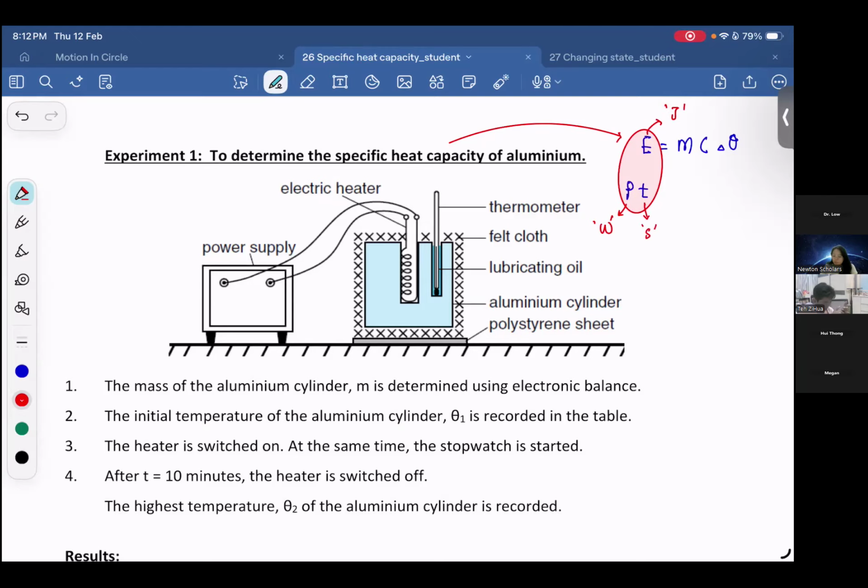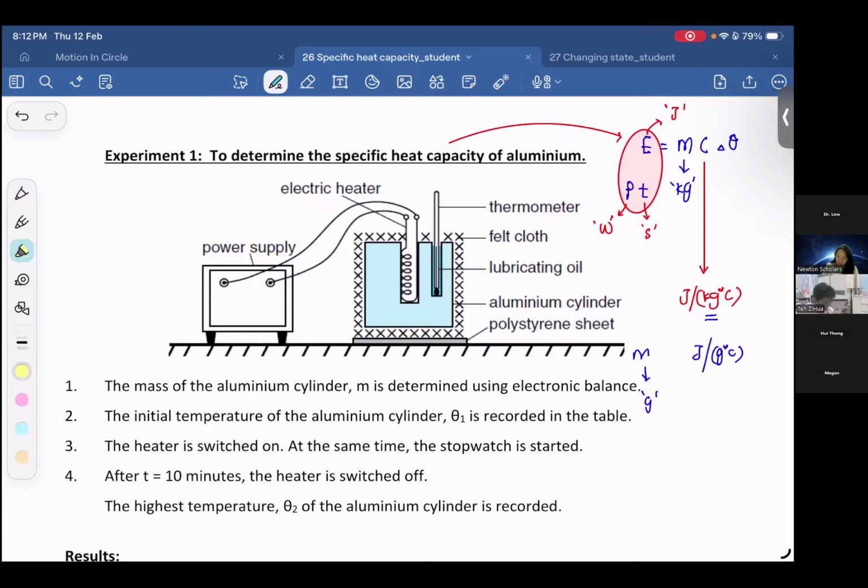Then the specific heat capacity is what we want to find. The specific heat capacity in the end will be in joule per kg per degree Celsius. So if it is in kg, the mass must be in kg. If, let's say, it is joule per gram per degree Celsius, then your mass should be in gram.